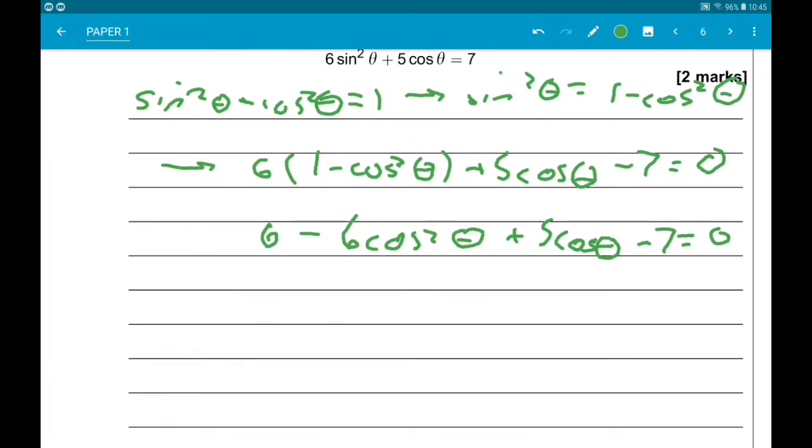So we have minus 6 cos squared add 5 cos minus 1 is equal to 0.